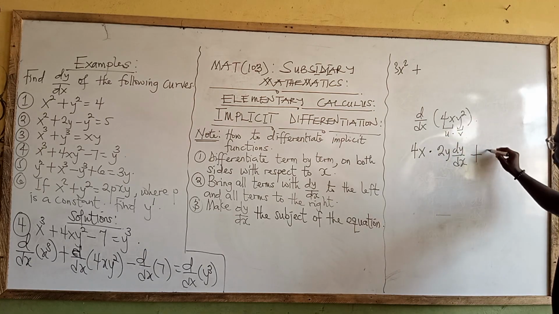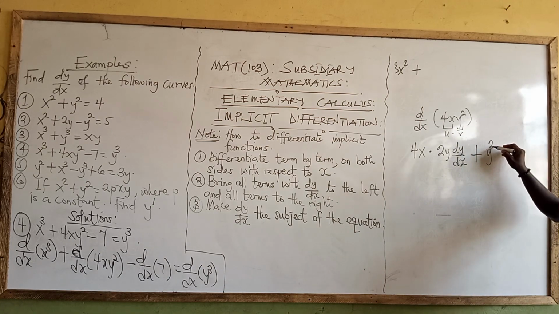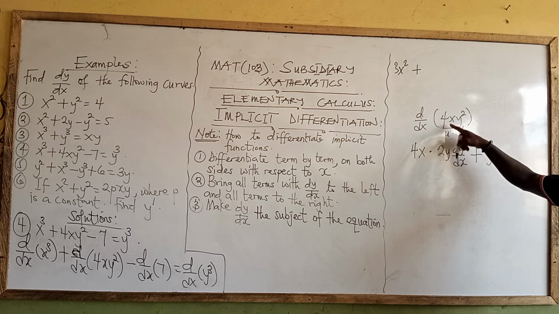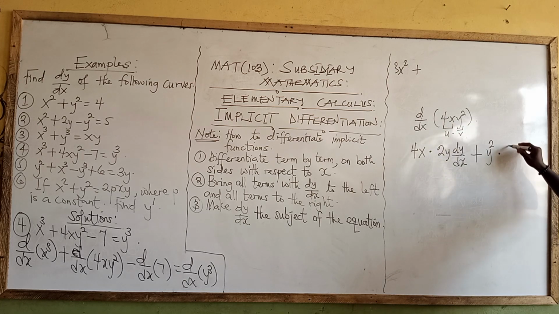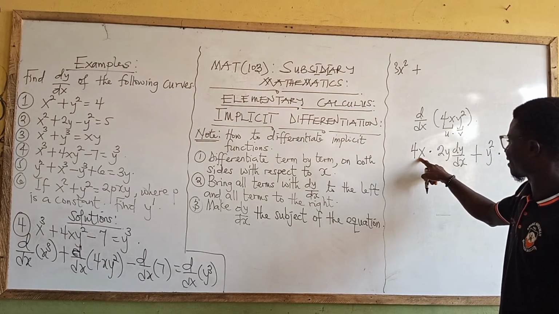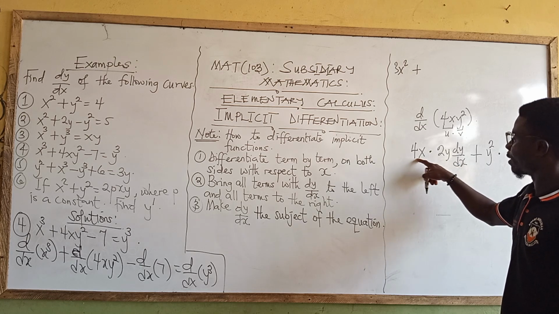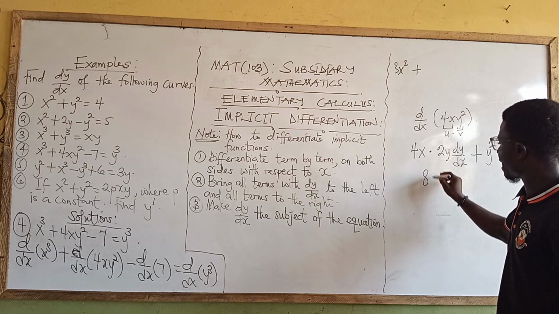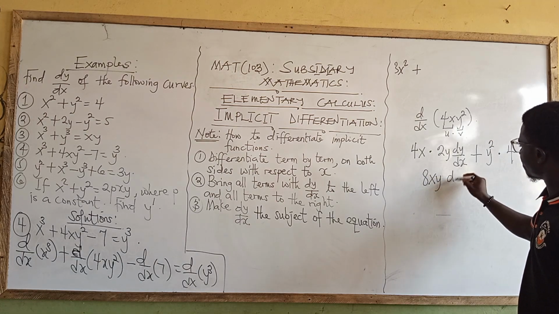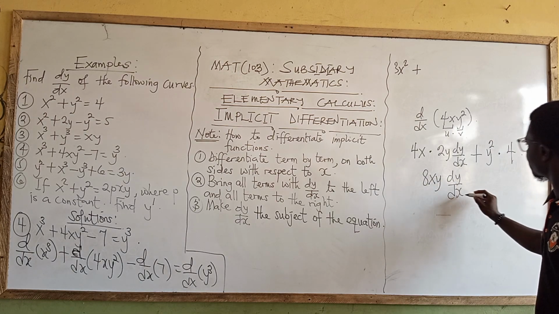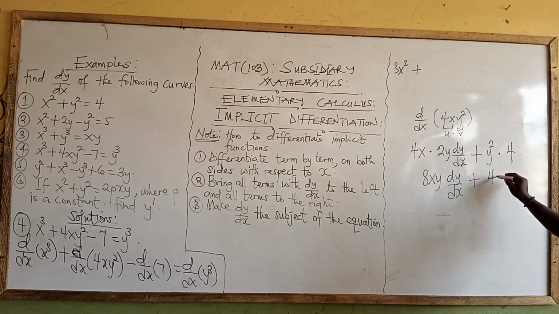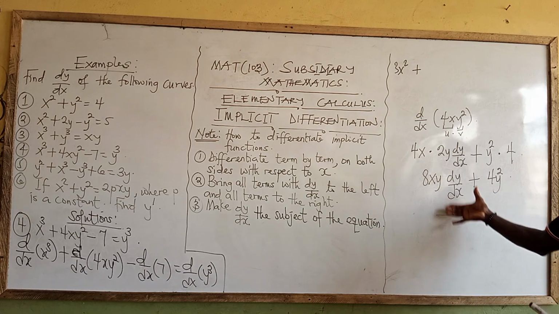Plus, we hold y squared constant, then times we differentiate 4x, which gives 4. So I have 4x times 2y, which gives 8xy dy over dx, plus this guy, we get 4y squared, which is very simple. I treated it as 4 times 2 earlier, which was wrong.